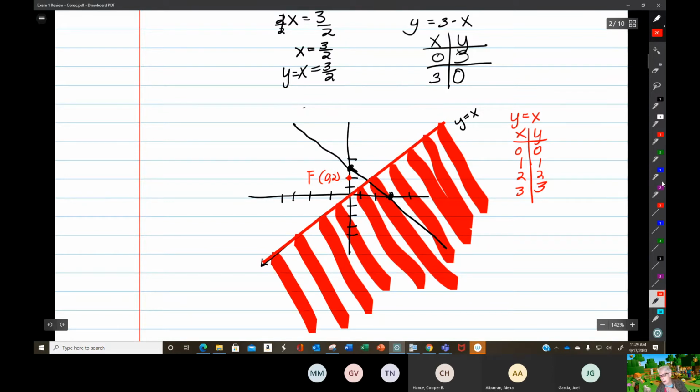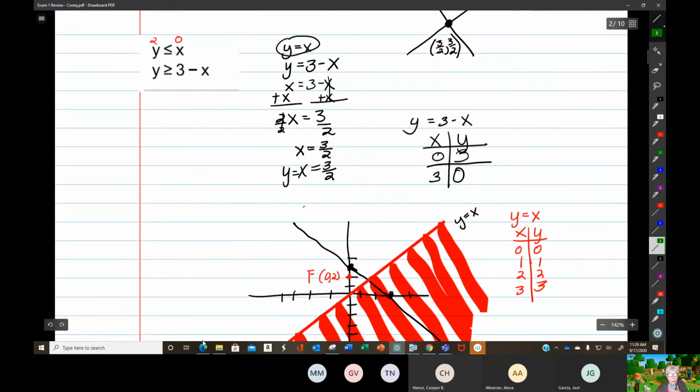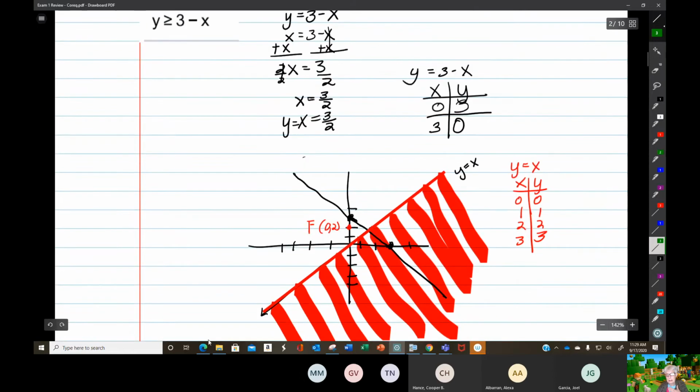Okay, now I'm going to let y is greater than or equal to 3 minus x. Why don't I make that green? I can leave it black. What the heck? Okay, now life is easier here on the black line because it doesn't go through 0, 0.